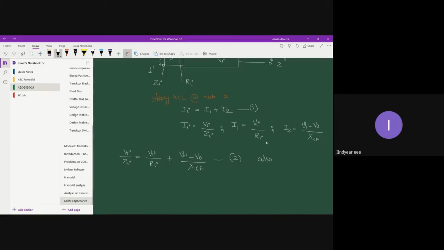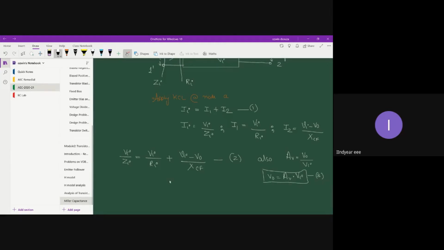Then also we have AV is equal to V0 by Vi, or V0 is equal to voltage gain times the input voltage.